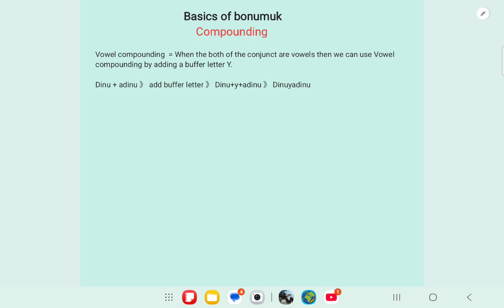Okay, now what we have to do? Now next add a buffer letter. So we have added a buffer letter which is y, and then we join the word Dinu ya Dinu. Okay, so remember, in vowel compounding we add a buffer letter which is y.